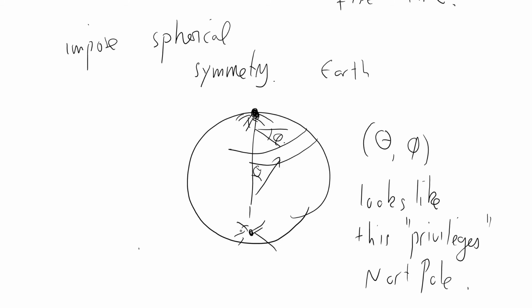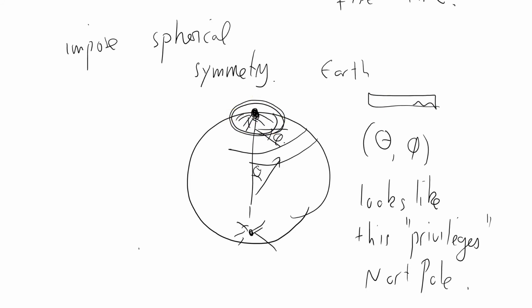It kind of sucks. But I just want to make the observation that the sphere itself is spherically symmetric. However, when we choose a particular coordinate system, it looks like it's singling this point out as being something special, but it's not.